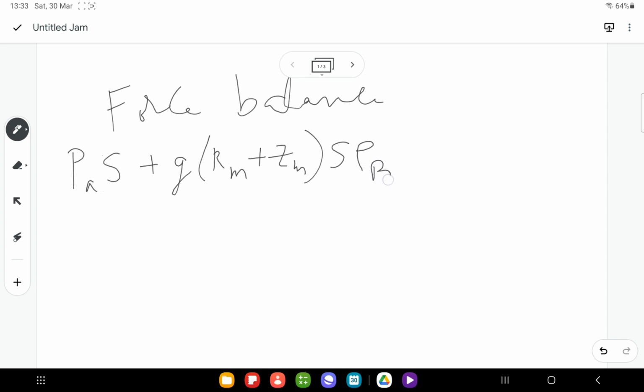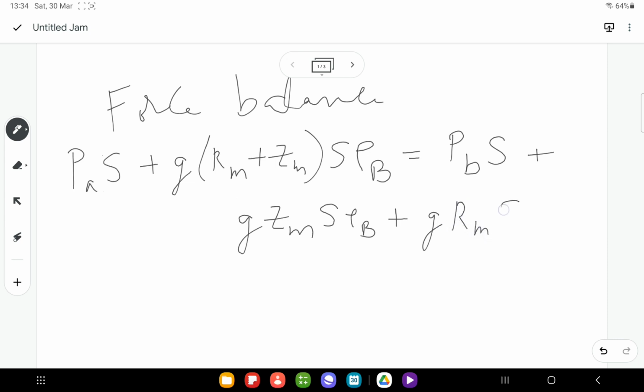Here it is rho B, equal to PB, the right leg, into cross sectional area, plus g Zm into cross sectional area into rho B. Zm is the height in the right leg up to the interface, into cross sectional area into density of the fluid, plus g Rm into cross sectional area into rho A.